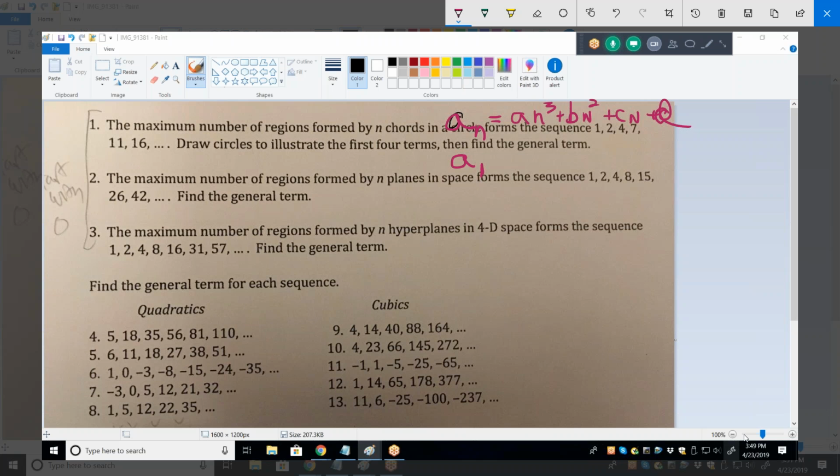We know that a sub 1 is 4, so 4 has to equal a plus b plus c plus d. And 14 has to equal 8a plus 4b plus 2c plus d. And 40 equals 27a plus 9b plus 3c plus d.